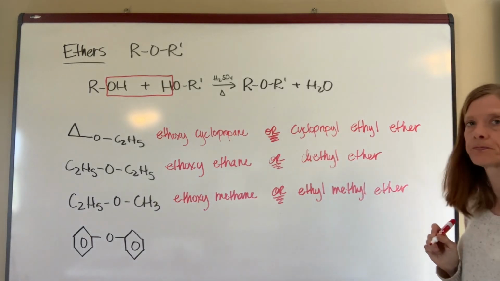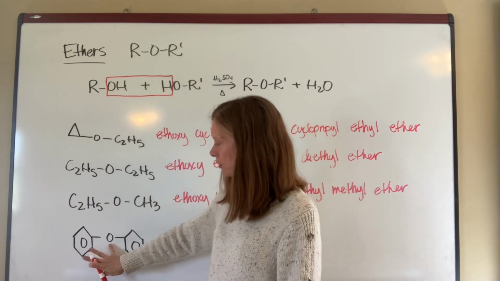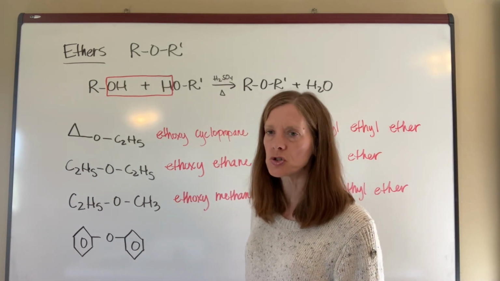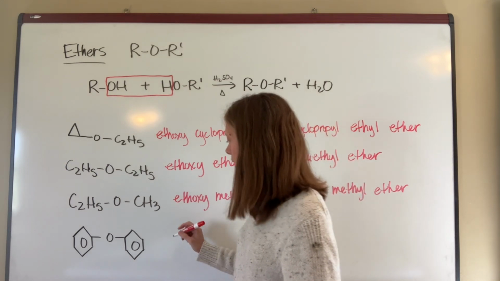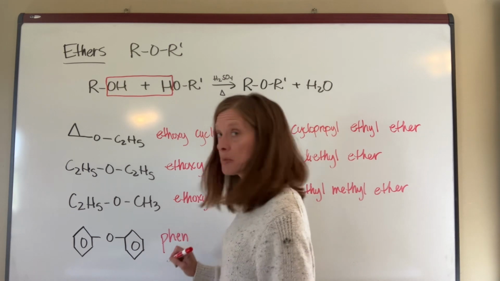Ethyl methyl ether. Okay? Here I have two benzene rings hooked together by this oxygen bridge in an ether group. So again, two ways to name it. I could name it as, remember that a benzene ring, we often name it as a phenyl group.